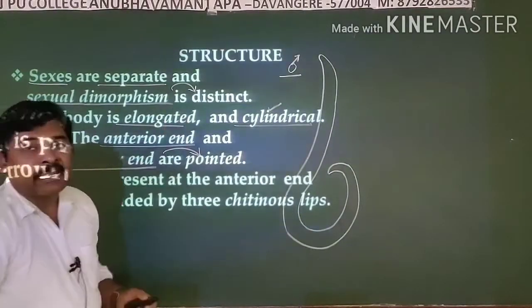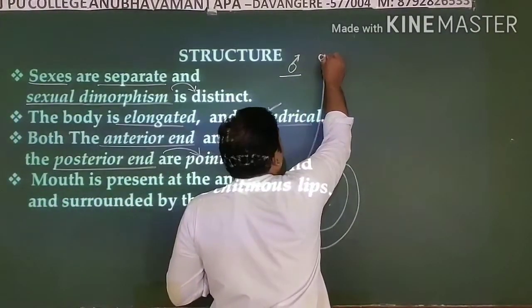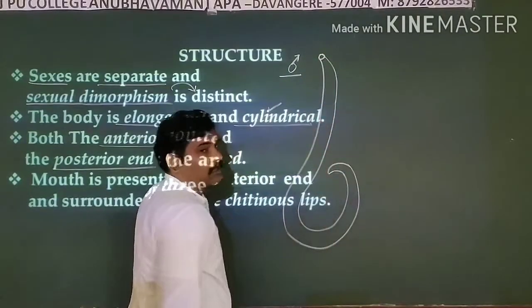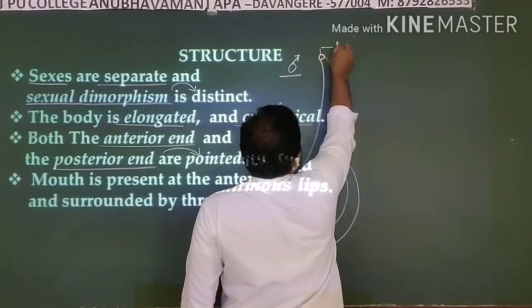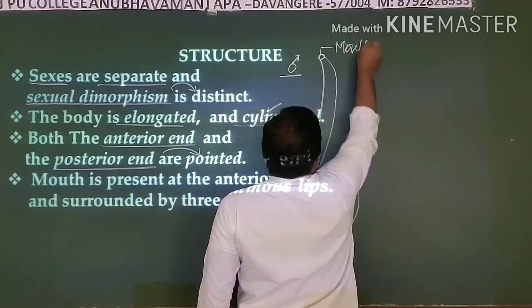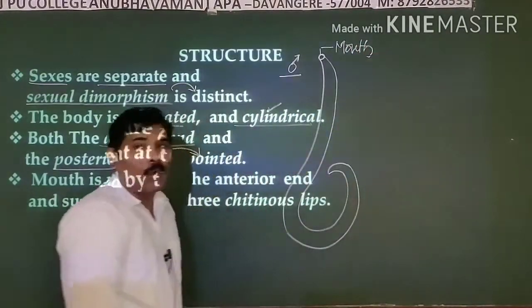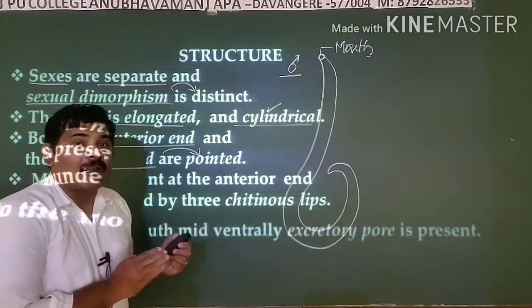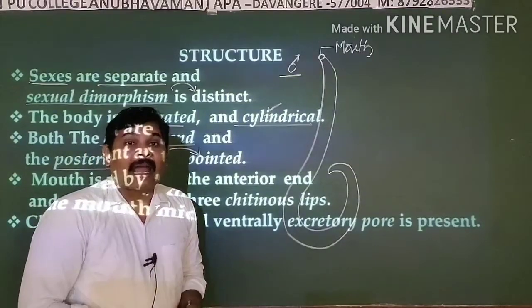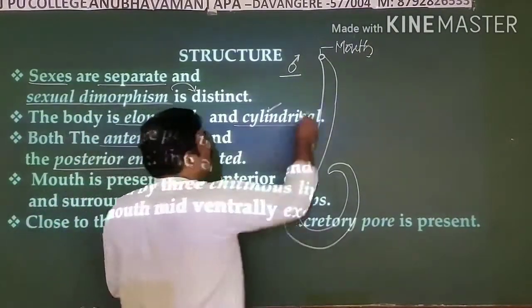At its anterior end, you can see the mouth. But the interesting point is that the mouth is covered by 3 chitinous lips. This is an important point.